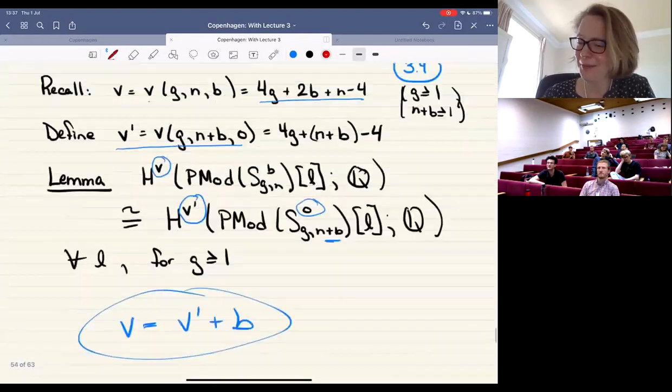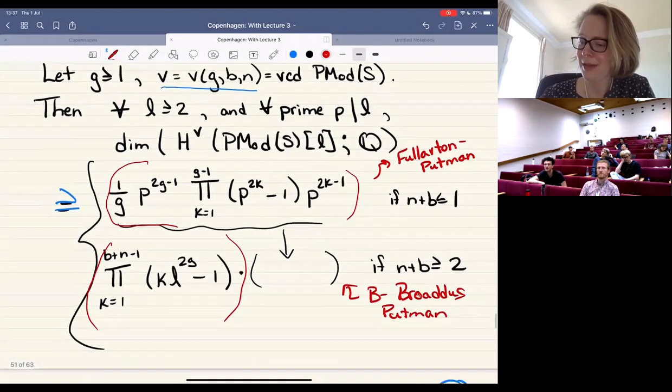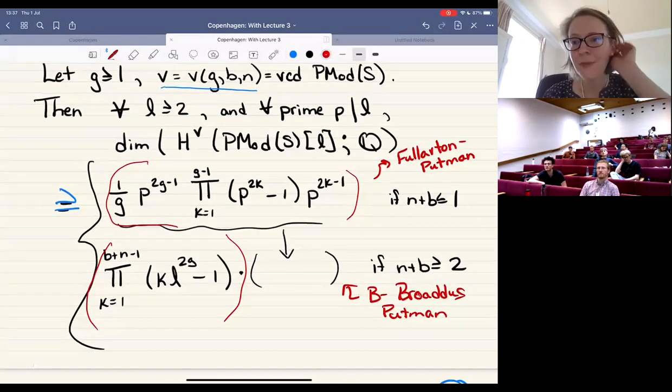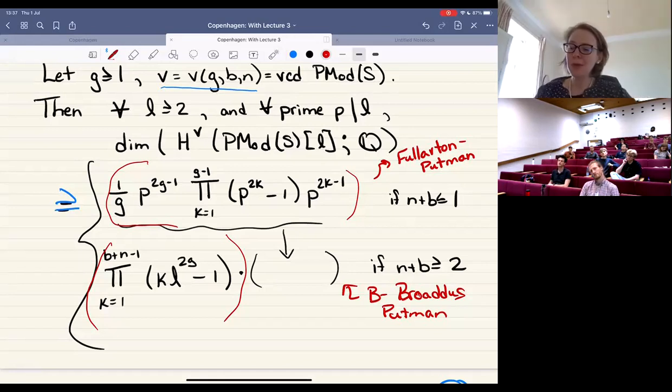If you can say a few words on how this choice of prime affects the estimate. I'm really glad you asked that, because I meant to say this. This is where Fullerton-Putman come into play.